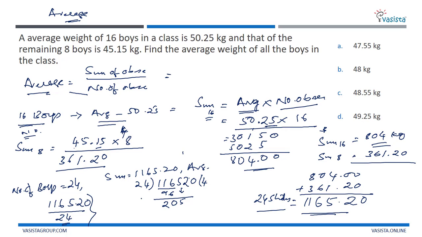Now 24 9s are 216, too much, so let me go with 8. 8 4s are 32, 2, 3 carry, 8 2s are 16 plus 3 is 19. 192. 205 minus 192 is 13. Now bring down 2.